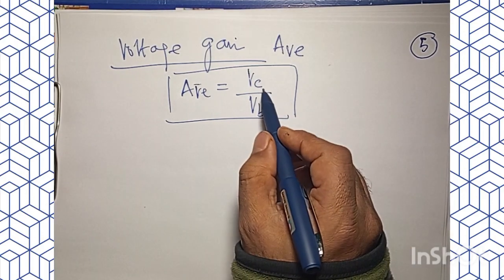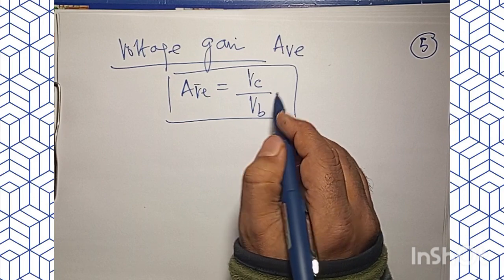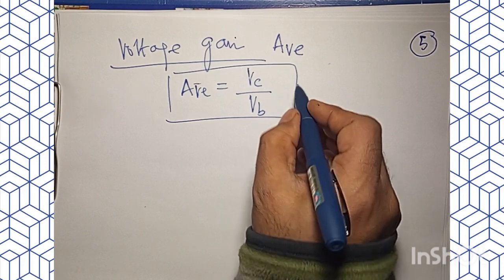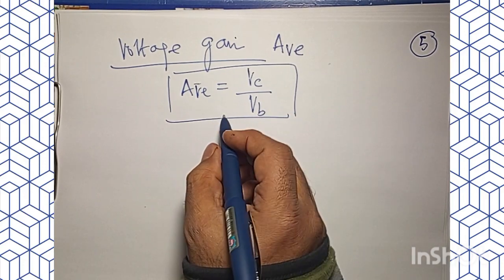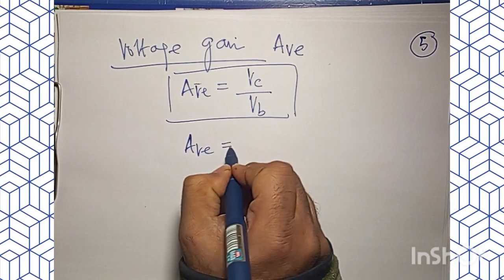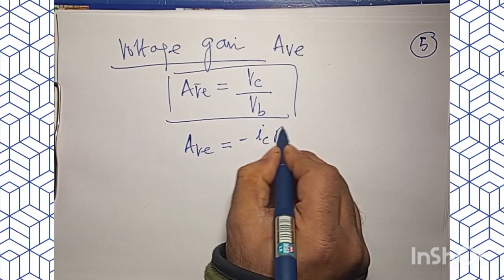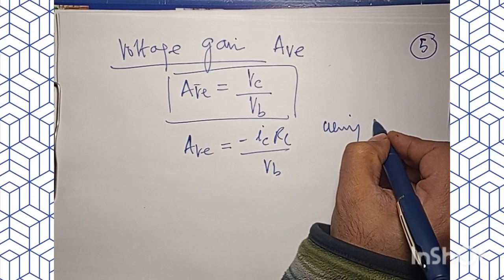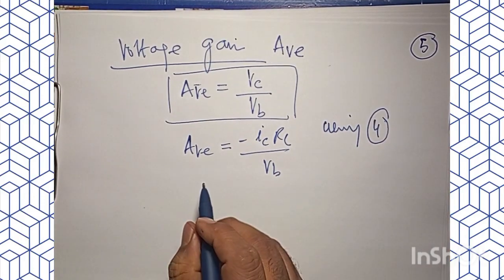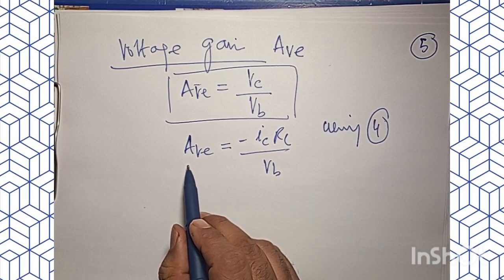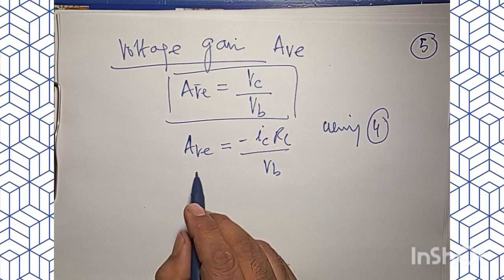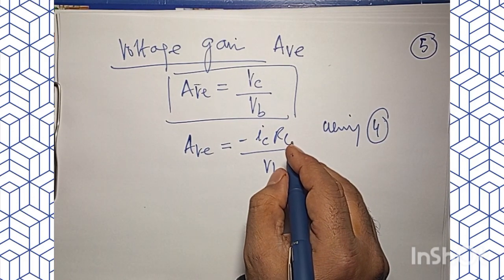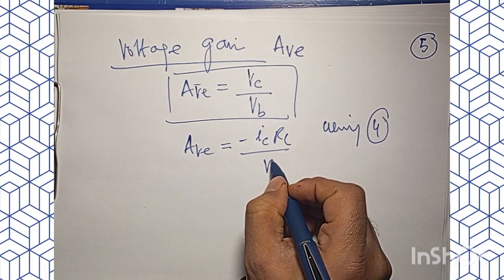Now here, VC we can use for VC, right? We already have this equation as in terms of equation number 2, I think. So we can use for VC here. So what we will get, this AVE will be minus ICRL by VB. So using that was I think equation number 4, right? Okay, so this will be this kind of thing, and we also have this VB, right?